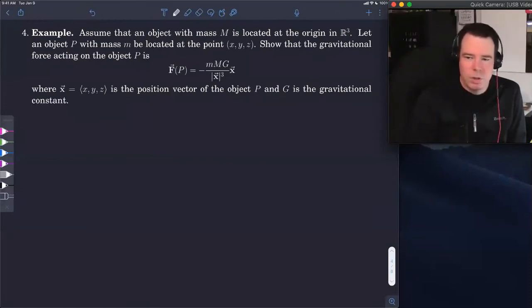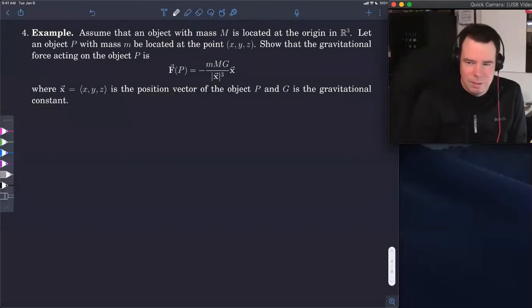And what we're going to do is show that the gravitational force acting on that object at point P by the mass at the origin is given by this vector field.